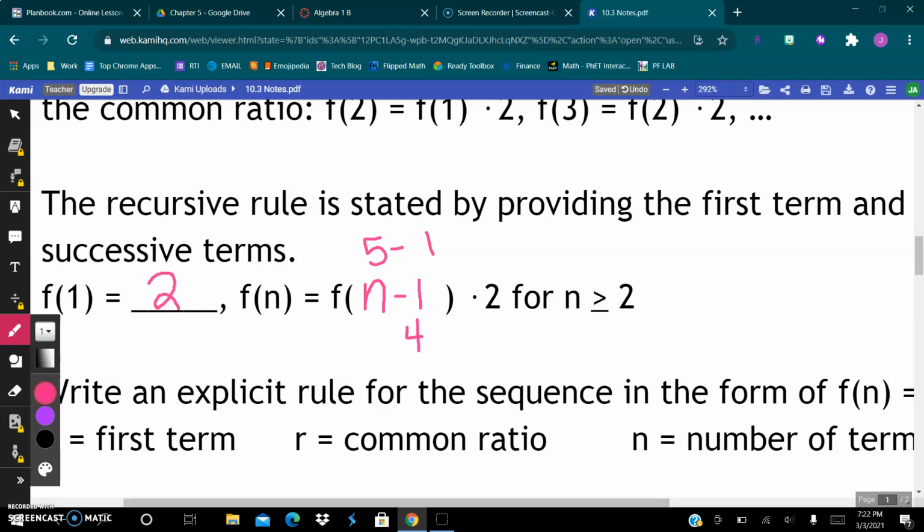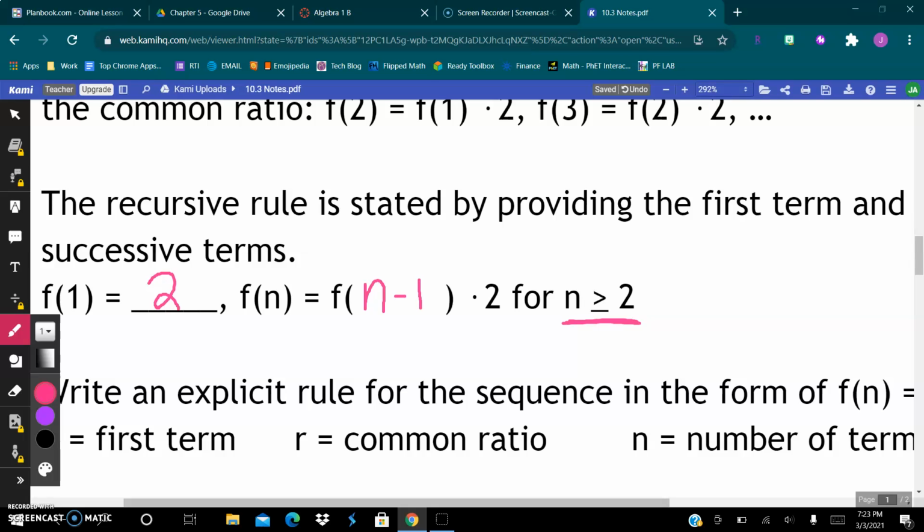One more time: if I want the 10th term, I put 10 minus 1, which is 9. That means I take the 9th term and multiply it by 2 to find the 10th term. No matter what term you want to find, you take the one before it and multiply it by 2.